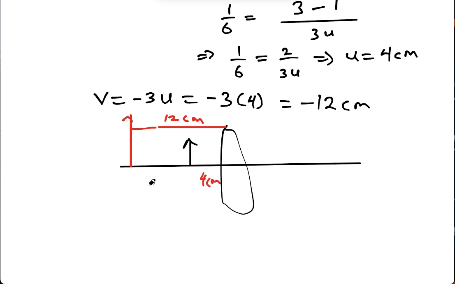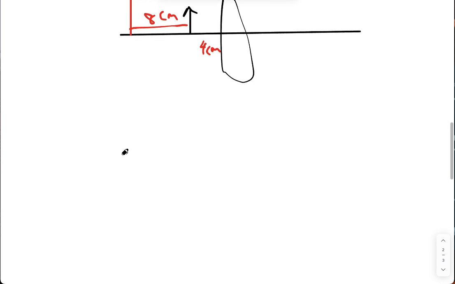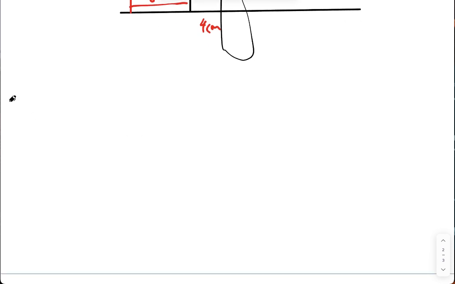So we are now looking for the distance between the object and the image. If this is 12 centimeters and this is 4 centimeters, then whatever is left here will be the distance between the object and the image, which is 8 centimeters. So the correct answer is 8 centimeters. That's the distance between the image and the object.